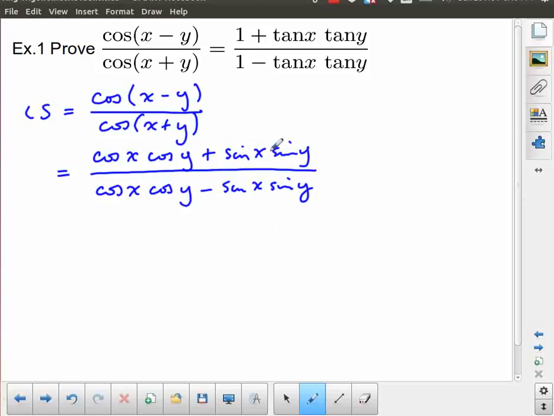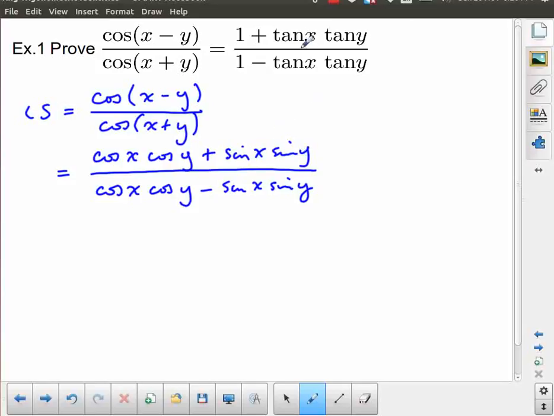Now I take a look at this and compare it, and I'm going to be a little bit more deliberate about it here. I look back at my right side. Cos x cos y, sine x sine y. I've got tan x tan y. So at least I've got this idea of multiplying different ratios, one with x and one with y.